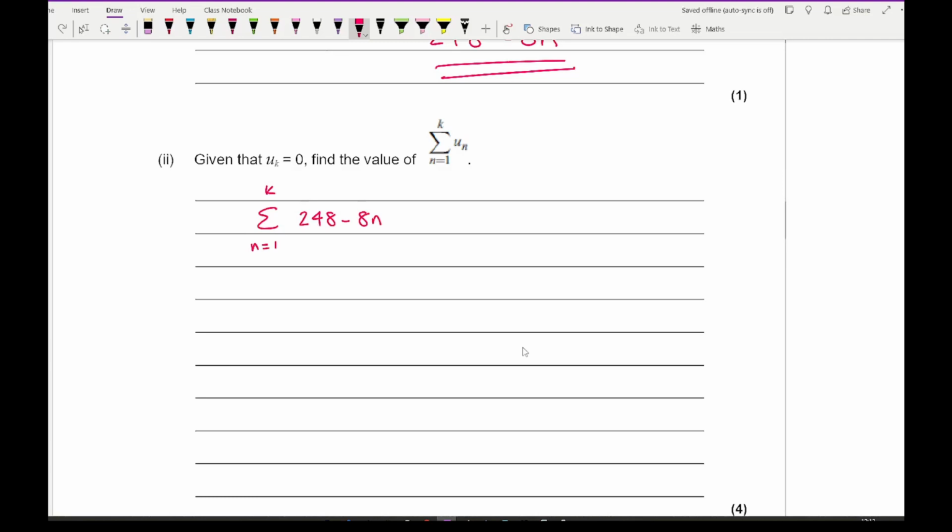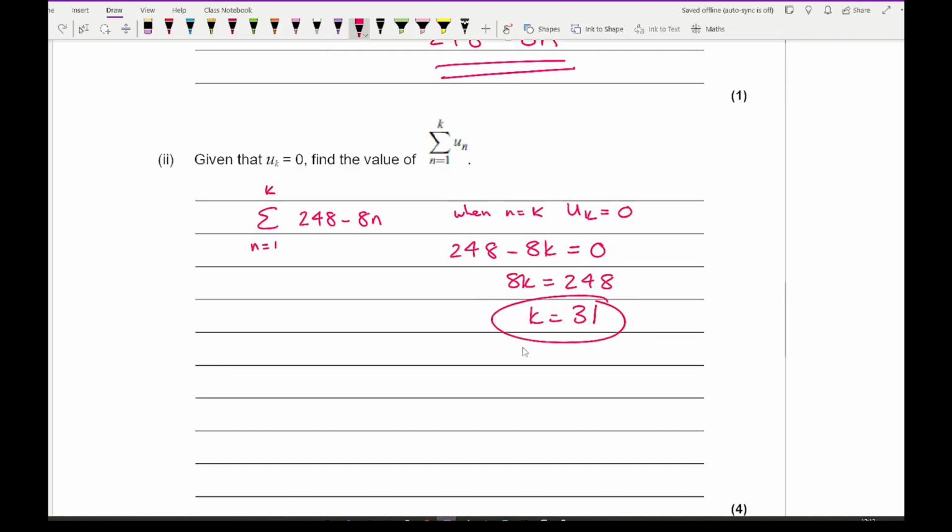Now if we substitute k in, when n equals k, u_k equals 0. So therefore, what I get is 248 minus 8k equals 0, and from this I can work out what the value of k is going to be. So 8k equals 248, so k equals 31.